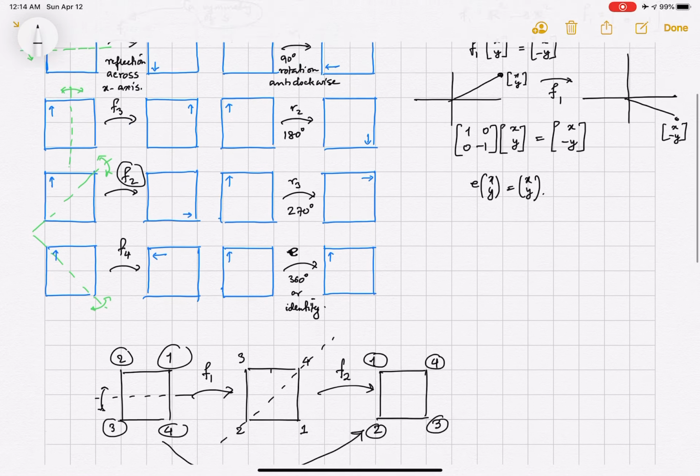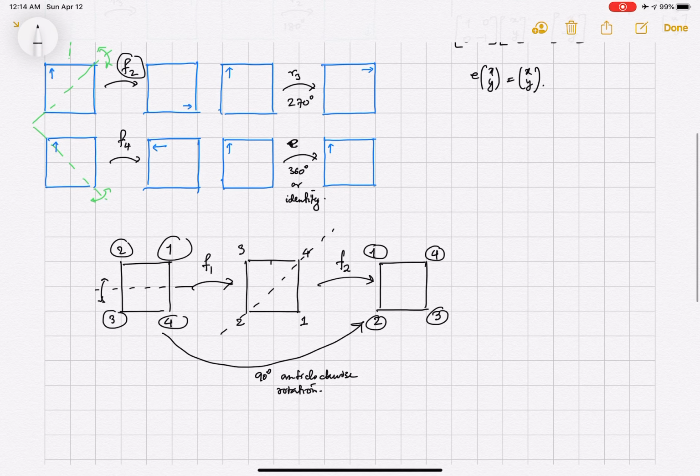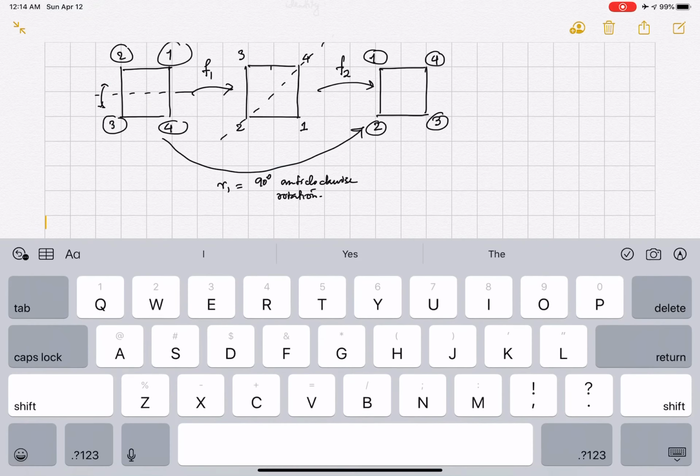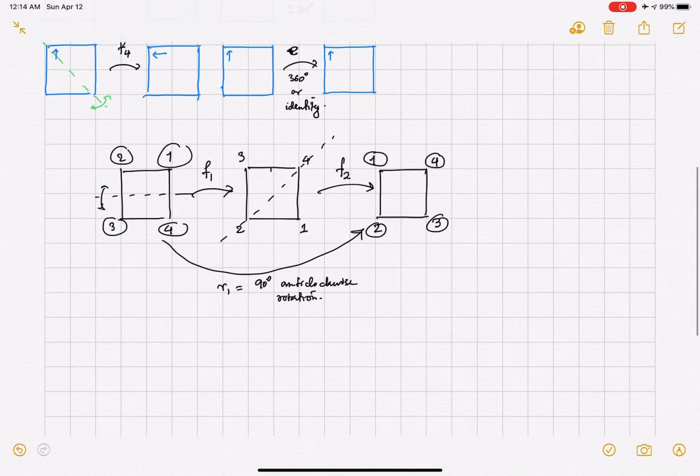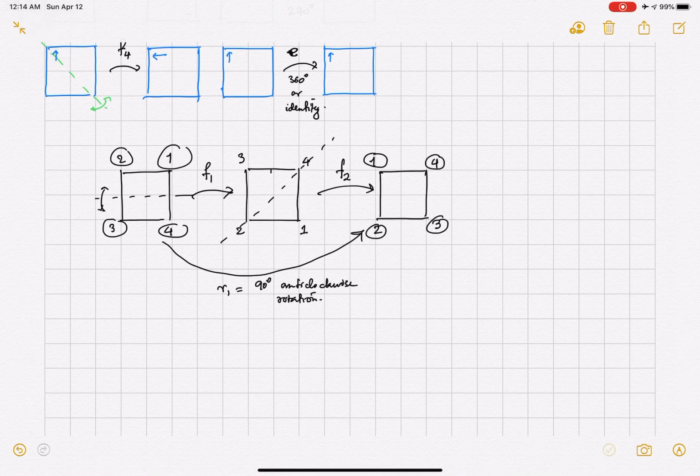What we called R1. So the net result of applying F1 and then F2 is R1. In other words, applying the function F1 and then applying the function F2 to some point in the plane is the same as applying the function R1. So F2 times F1 is R1.